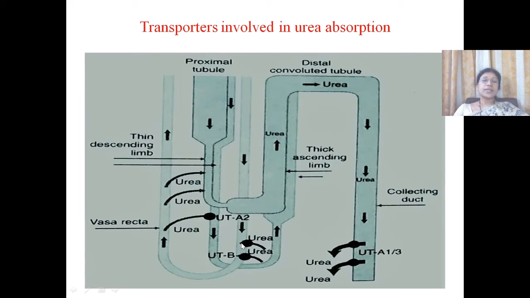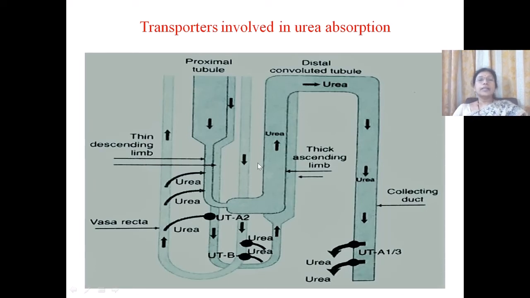From the fenestrated ascending limb of the vasa recta, urea diffuses out and is transported to the lumen of the thin segment of the ascending limb of the loop of Henle.